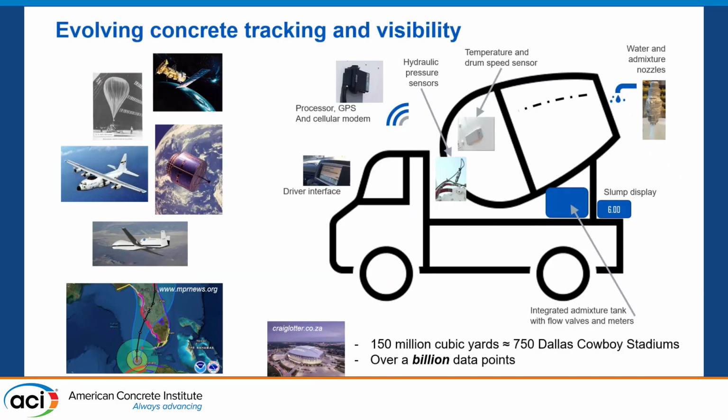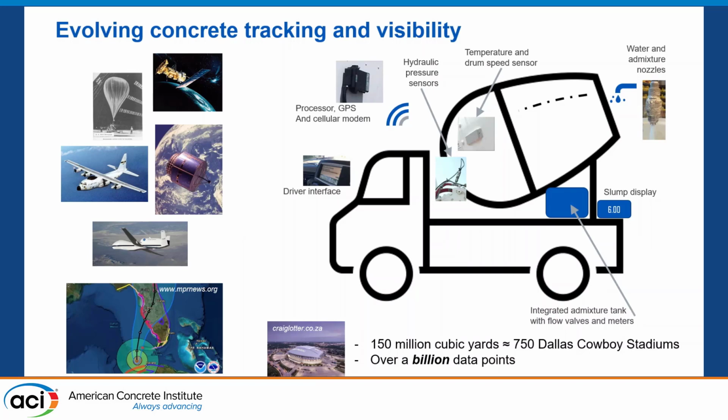All right, so again, evolving concrete tracking and visibility. This system basically looks at the hydraulic pressure required to rotate the drum sensor, how fast it's going. And then the big part of this with IoT, or Internet of Things, is taking all of this information from each one of these trucks, shooting it up to the cloud, and finally being kind of 21st century technology.